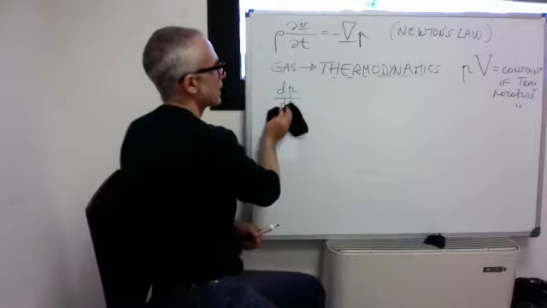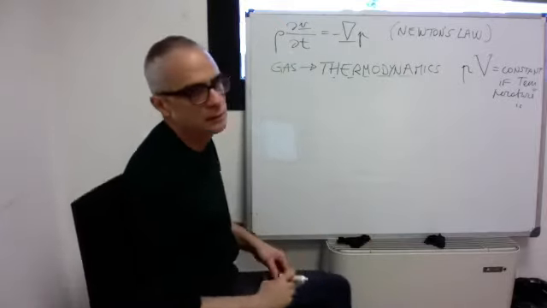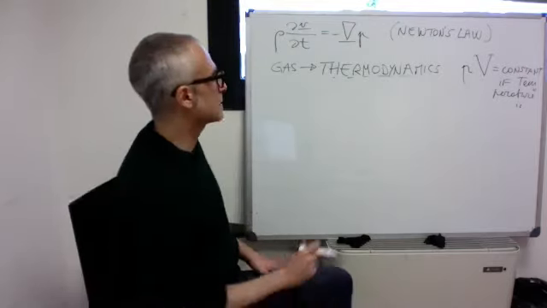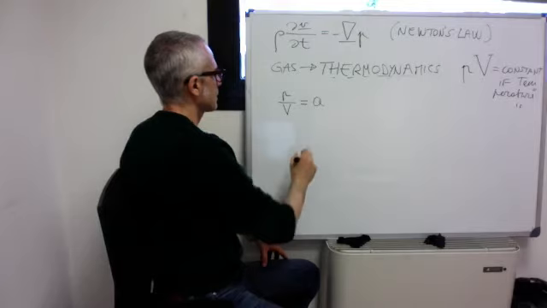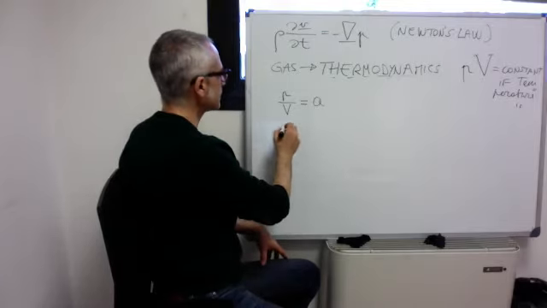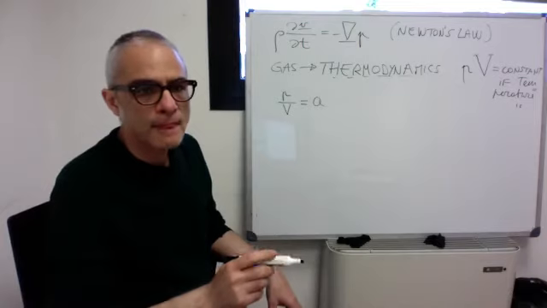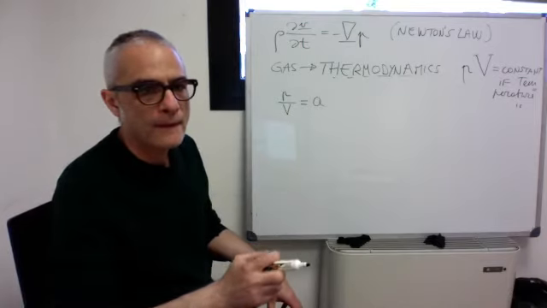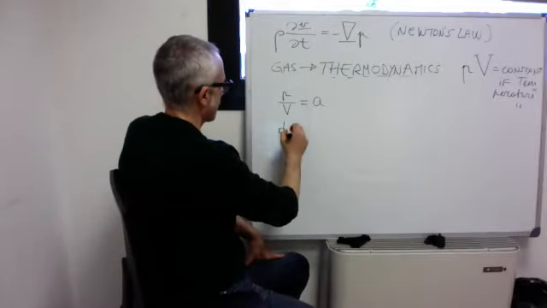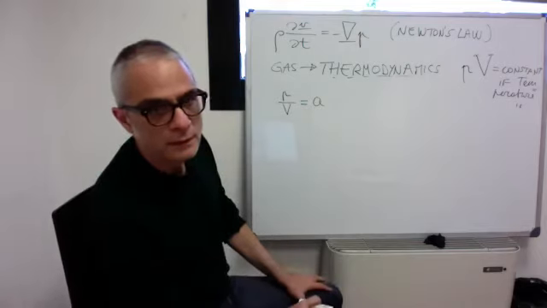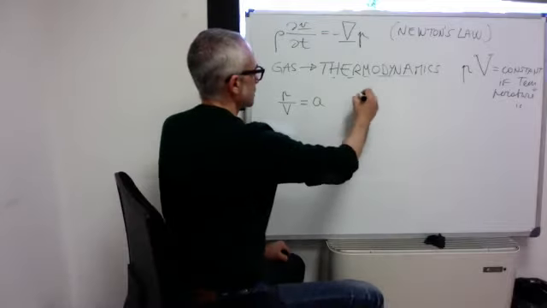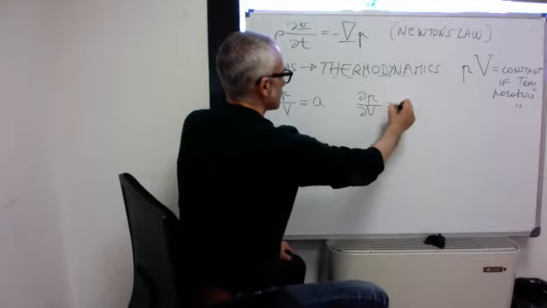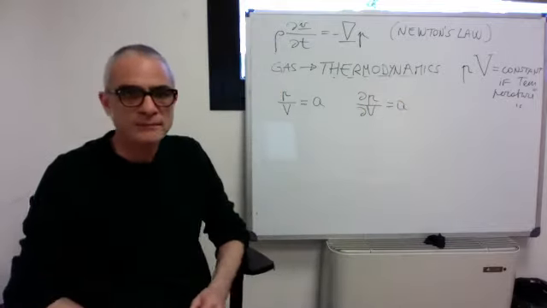Well, actually, even before I get to that, if P over V is constant, I'm going to call this constant A. It follows also that dP over dV is equal to A. It's a constant.